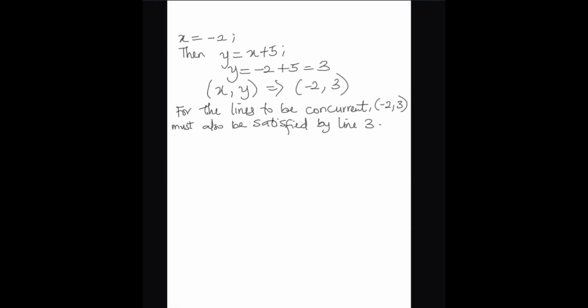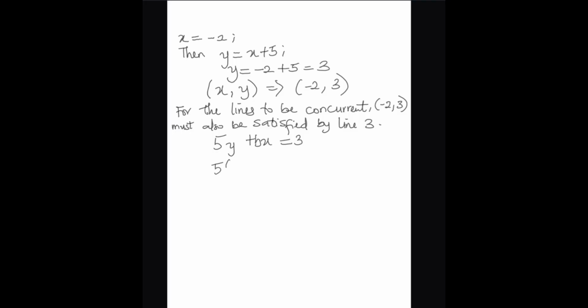Since we know that it has to be satisfied, and line 3 is just 5y + bx = 3, it means that wherever I see my y and my x, I just substitute it with the intercept.